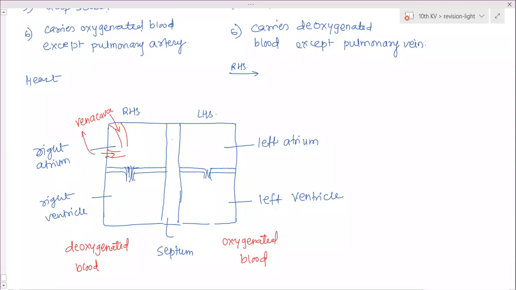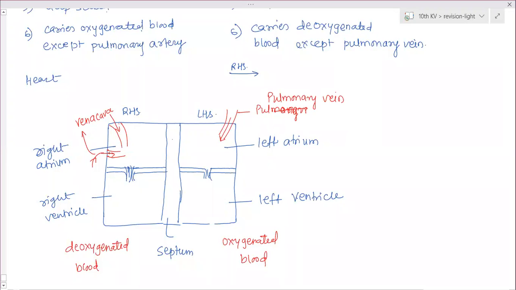This is also a vena cava, the inferior vena cava, which carries blood from the lower part of the body. So blood from the lower and upper parts of the body enters the right atrium. At the same time, the blood enters the left atrium with the help of the pulmonary veins.